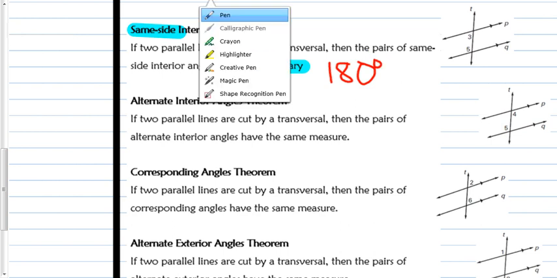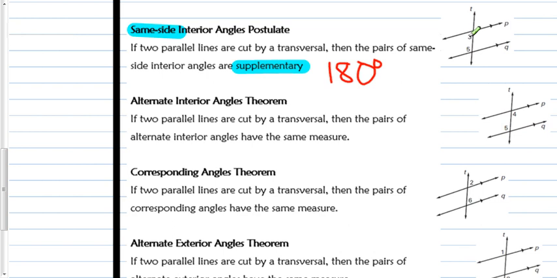And here's an example of same side interior angles. So angle 3 and angle 5, they're same side interior angles. They're supplementary. These two angles will add up to 180 degrees. Okay? Again, look at the title of the postulate, same side interior. If you think about it logically, they're on the same side and they are interior.